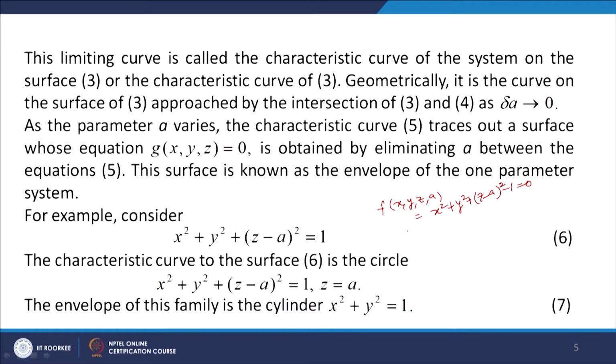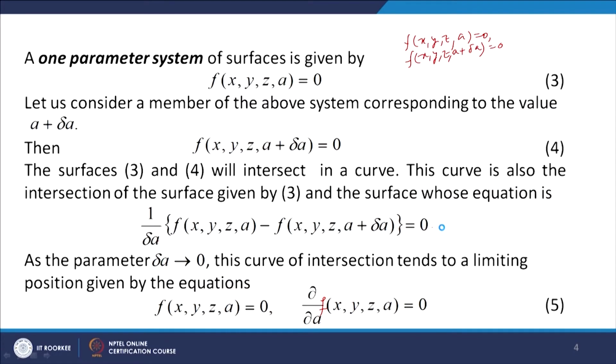Okay. And when we differentiate it with respect to a, what we get is 2 times z minus a into minus 1 equal to 0, or z minus a equal to 0. Okay. So, the curve of intersection of the surfaces, when delta tends to 0, is given by f x y z a equal to 0 and the partial derivative of f x y z a with respect to a equal to 0.